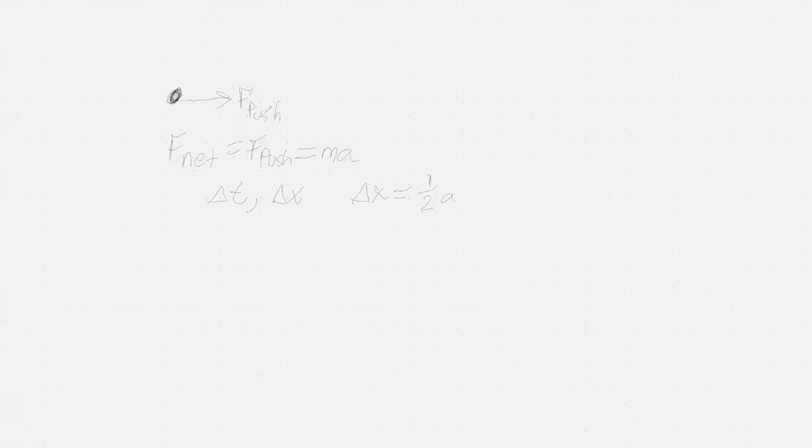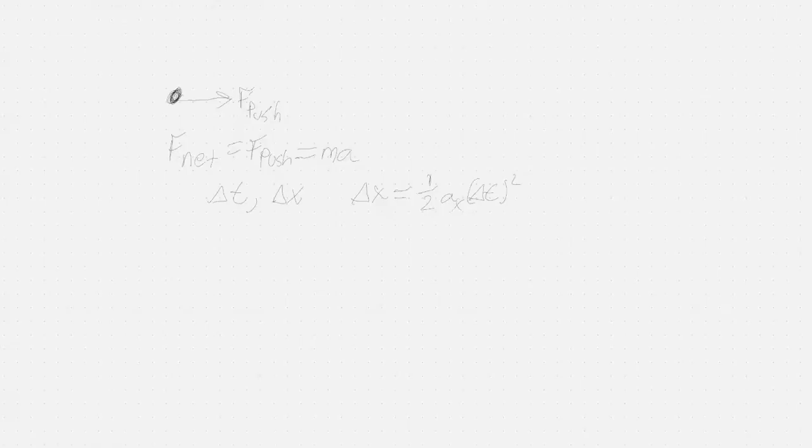So what that means then is if we know the period of time or some other kinematic quantity, we could know what the displacement would have been, meaning we could calculate work.